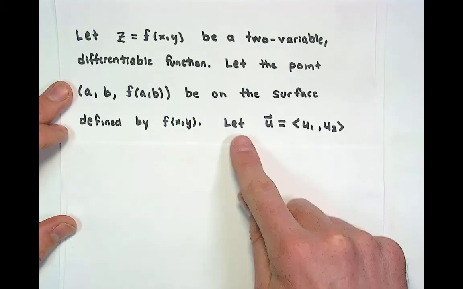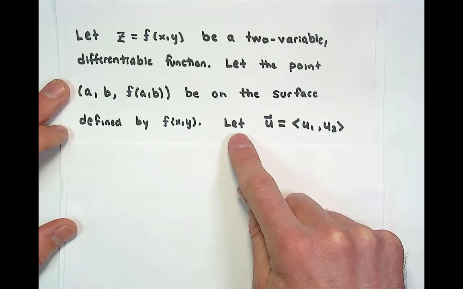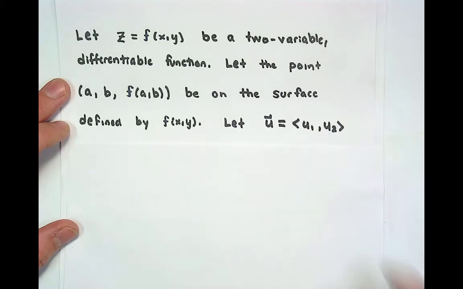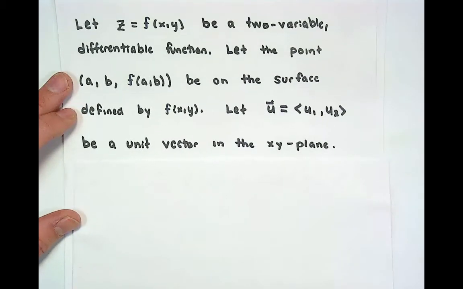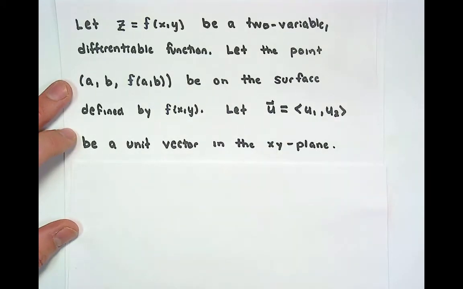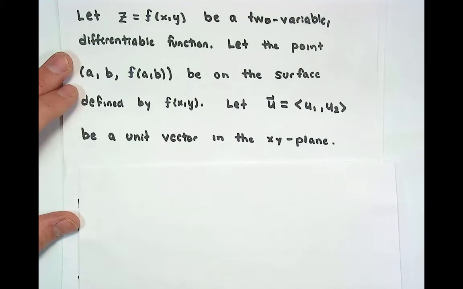Finally, as we stated last time, we're going to define a general direction u given by a vector (u1, u2). And this direction is going to be a unit vector in the xy plane. So this is going to be a vector in the domain space of our function.